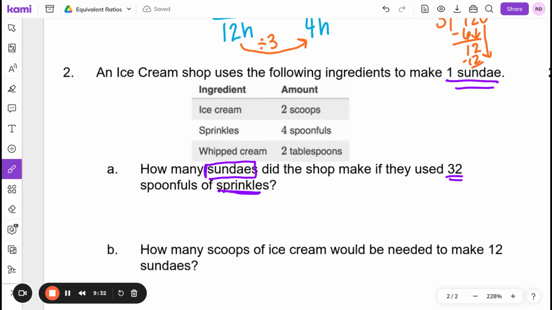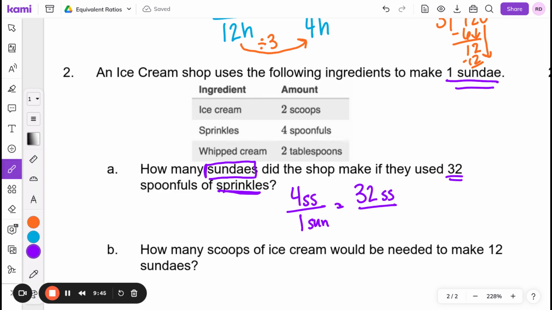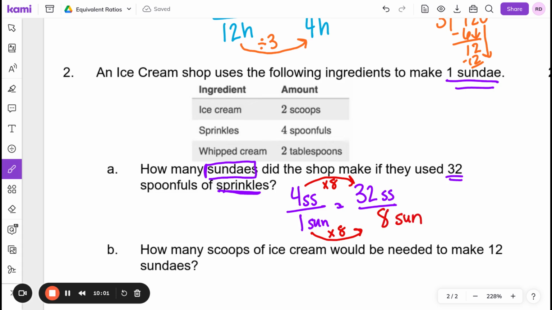So our starting ratio is 4 spoonfuls of sprinkles in 1 sundae. But we know they used 32 spoonfuls of sprinkles. So the question is, how do we turn a 4 into a 32? And that's times 8. Whatever you do to the top, you do to the bottom. So 1 times 8, they could have made 8 sundaes with 32 spoonfuls of sprinkles.